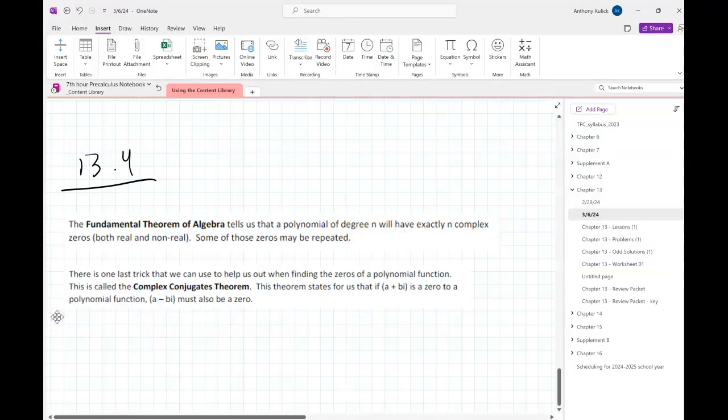This says that if I have a polynomial with real coefficients, and we have the solution, or a 0, a plus bi, I know automatically that I also have to have the conjugate 0, a minus bi. So our imaginary solutions are always going to come in conjugate pairs. So if I have a plus bi, I also have to have a minus bi and vice versa.